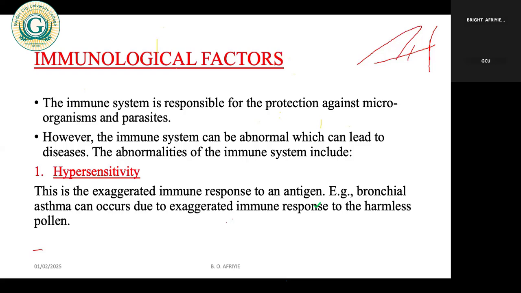It's like in asthmatic clients, where they have bronchial asthma just from a harmless pollen, or even a perfume. The IgE will kick in and they will start reacting and having this wheezing sound. Because of hypersensitivity, the immune cells are overworking, and the effect will not be good. It will lead to a disease. So that is a picture of hypersensitivity.